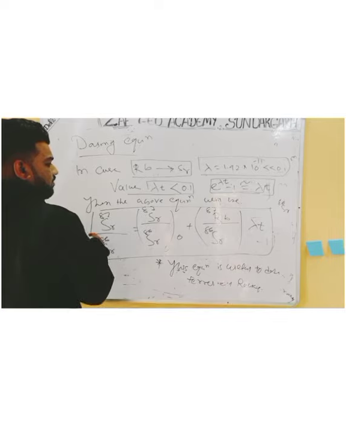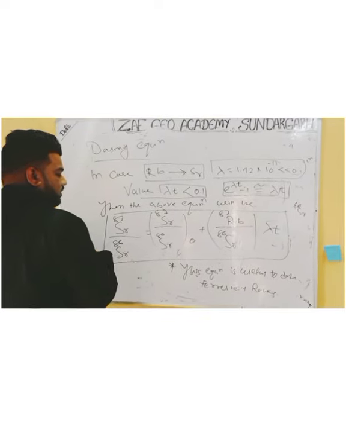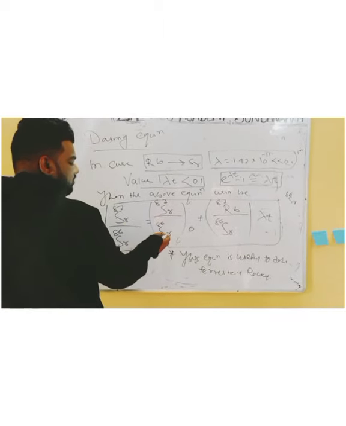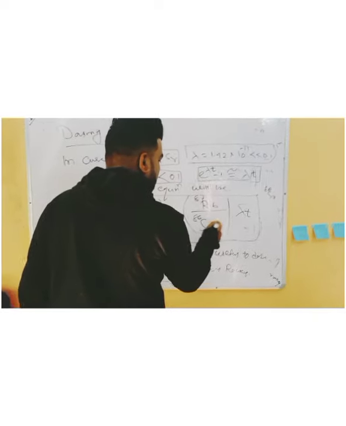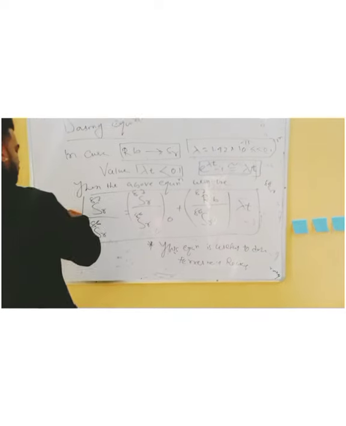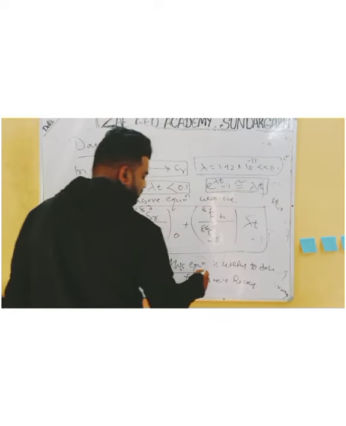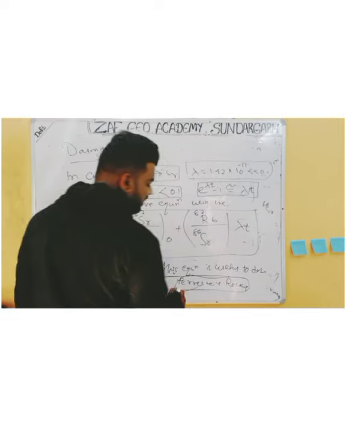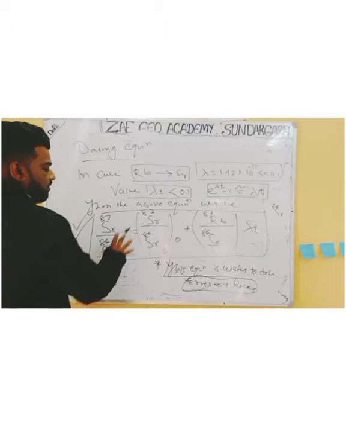So strontium-87 by strontium-86 is equal to strontium-87 by strontium-86 naught plus rubidium-87 by strontium-86 into lambda t. This equation is useful to date terrestrial rocks, meaning rocks at the surface.